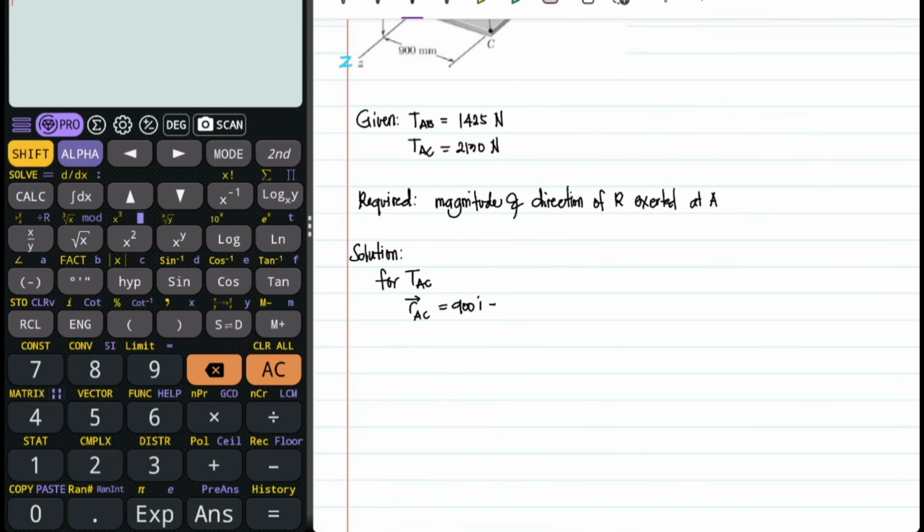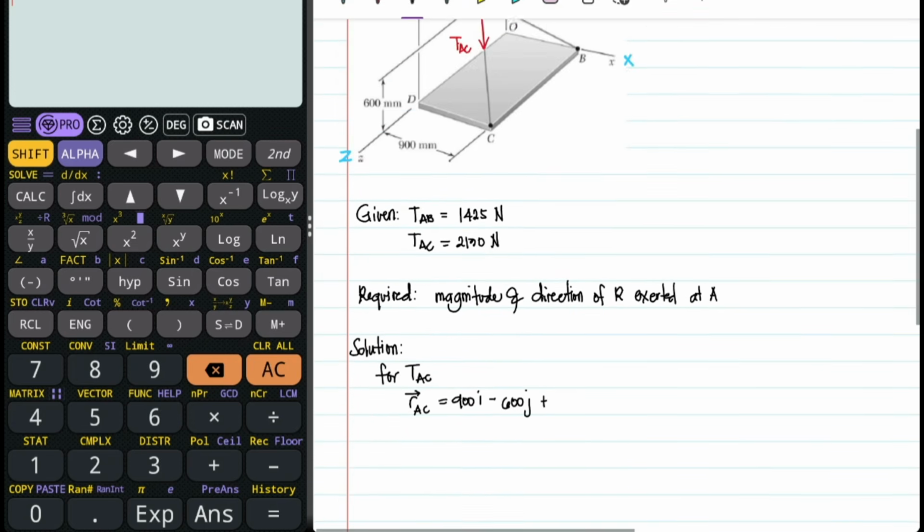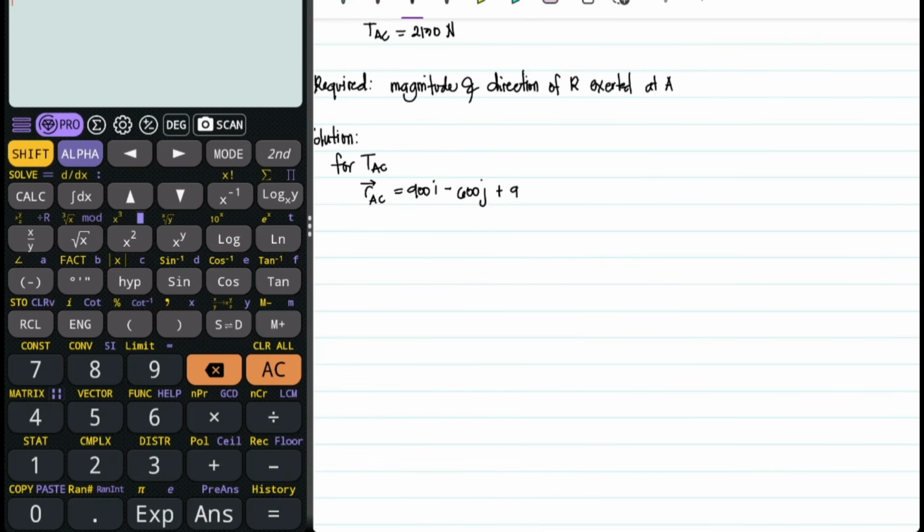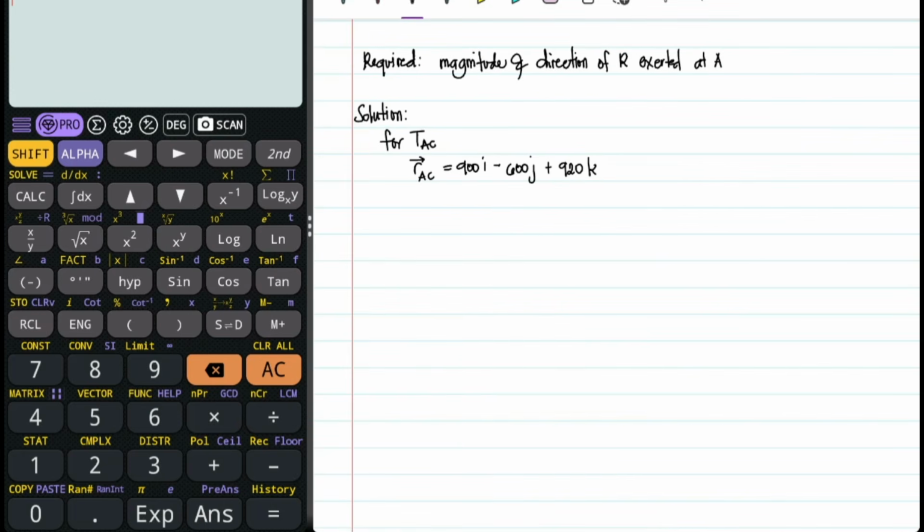In terms of position vector, the position vector of our AC is 900i minus 600j plus 920k.